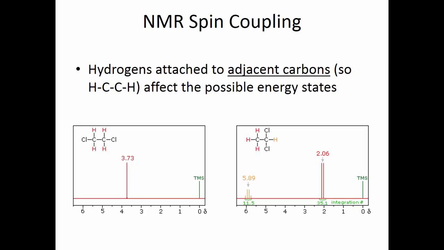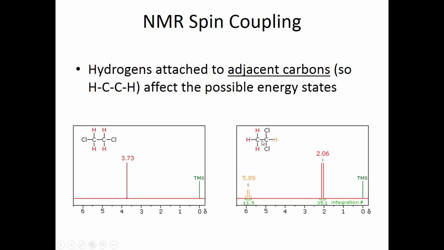Spin coupling, again, that's the multiplicity of peaks. Hydrogens attached to adjacent carbons affect the possible energy states. So in this case, we only have 1 peak. All these hydrogens are in the same chemical environment, 1 peak. We've got hydrogens here in different chemical environments now.